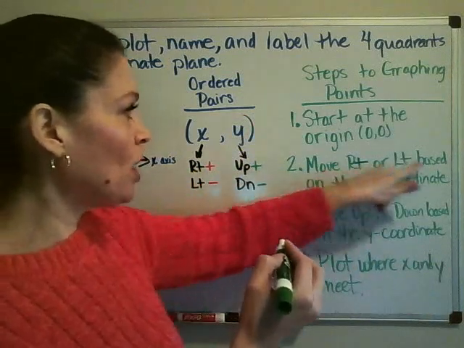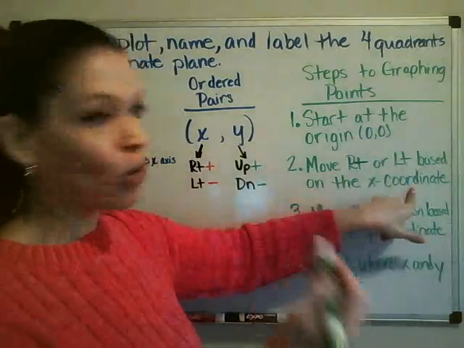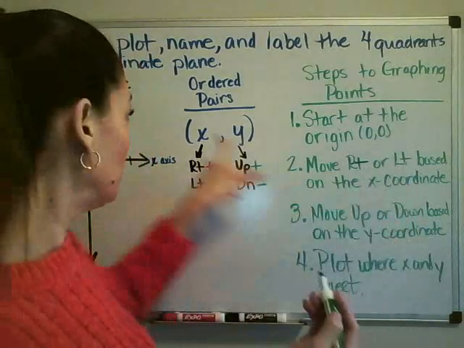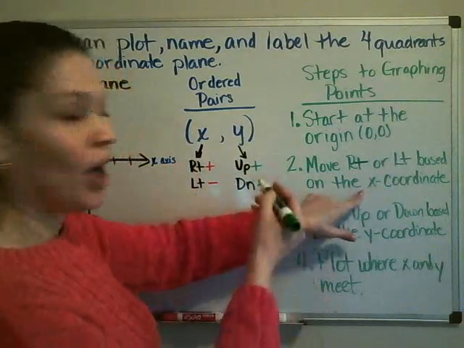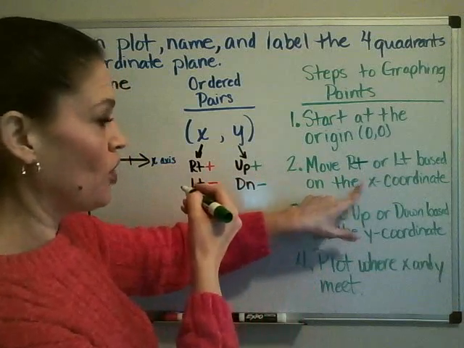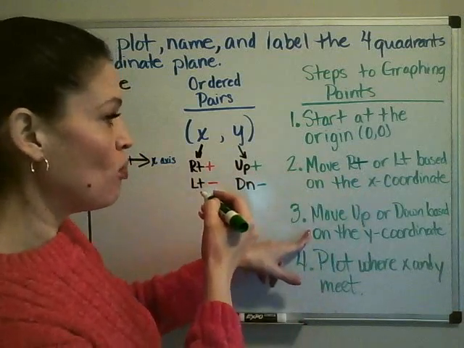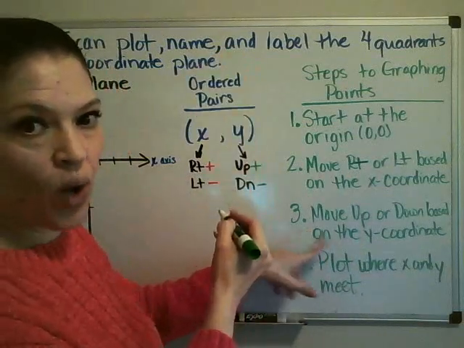So move right or left based on the x-coordinate. The x-coordinate will be whatever number is under the x position. So we have to move right or left first, and then we move to the next step. Move up or down based on the y-coordinate.